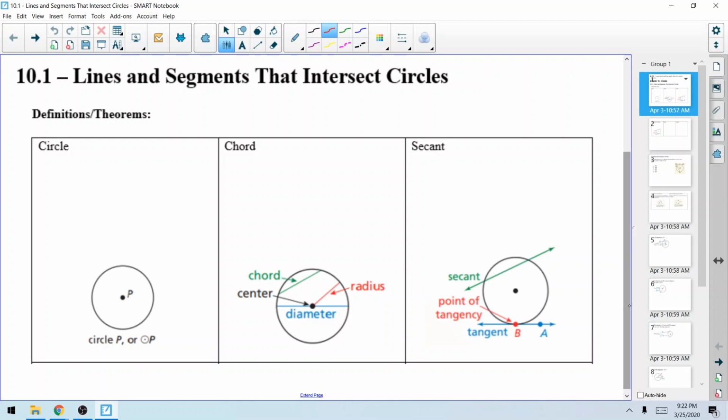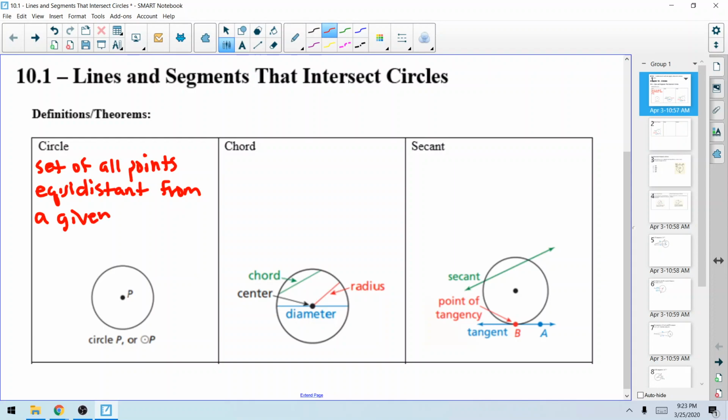theorems. So, first of all, the definition of a circle is the set of all points equidistant from a given point. And that given point is the center.